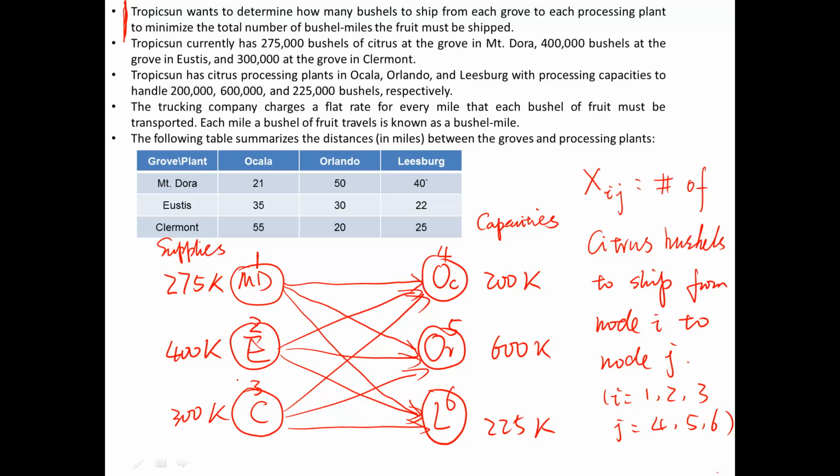And we've already defined what the 1, 2, 3 and 4, 5, 6 nodes represent using this graph here.